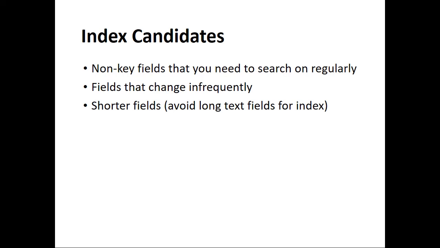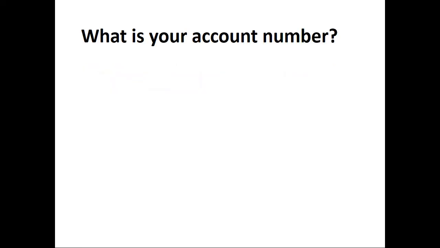Next, shorter fields make more sense for index candidates than longer fields. So a phone number makes more sense than an address for an employee. And that goes back to those downsides of indexes, because they add redundant data and they increase database size. The shorter the field, the less impact that would have.